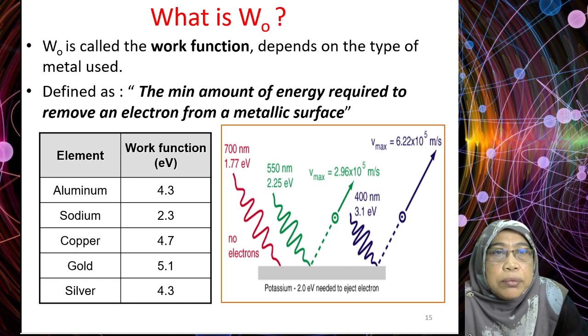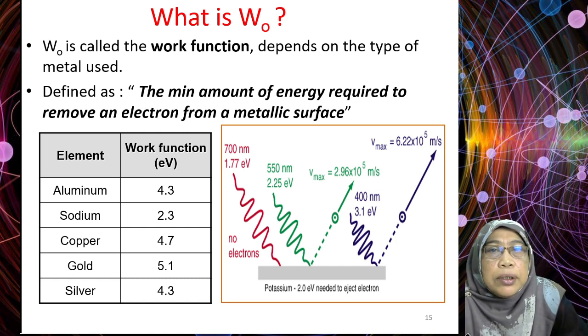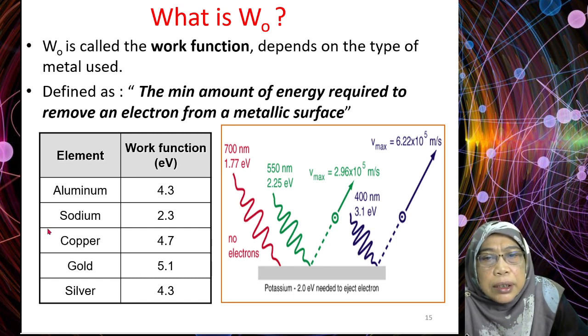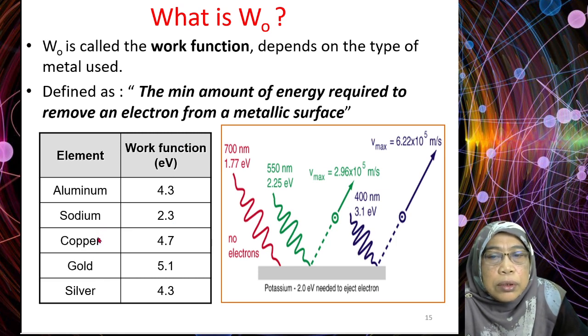So you have the term work function, W naught refers to work function, and it depends on the type of the metal. So the definition of work function: work function is the minimum amount of energy required to remove an electron from a metallic surface. Here you have a table for 5 elements: aluminium, sodium, copper, gold and silver.